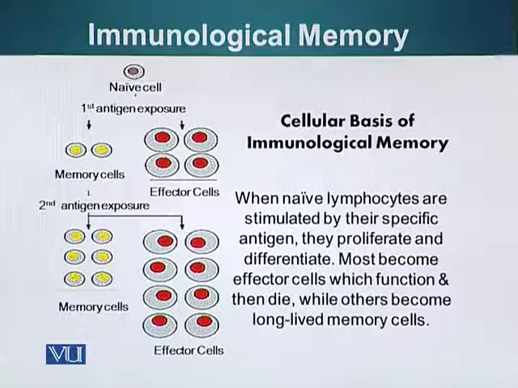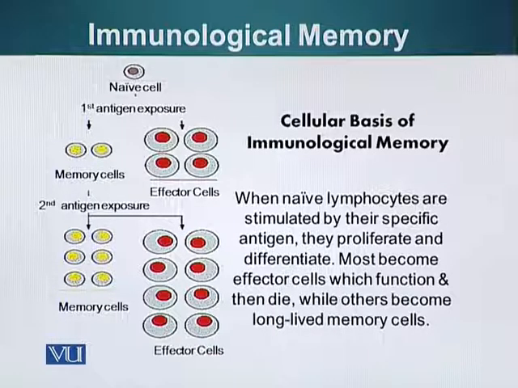Effector cells, in the case of B cells, are the plasma cells, which produce antibodies and release them in the system. Effector cells are short-lived. They produce a lot of antibodies and then die off gradually, and once they die off, the primary immune response shuts down.